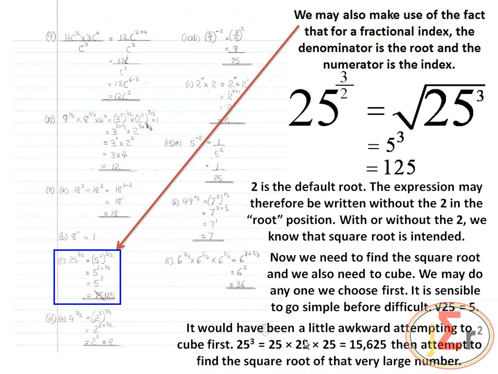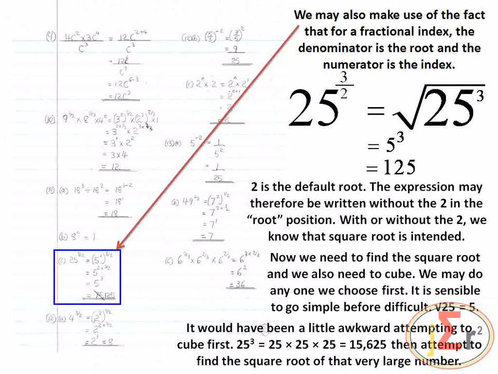It would have been a little awkward attempting to cube first, as we have right there 25 cubed is equal to 25 times 25 times 25, which gives 15,625. So that would be going very hard if we intend to do it mentally.